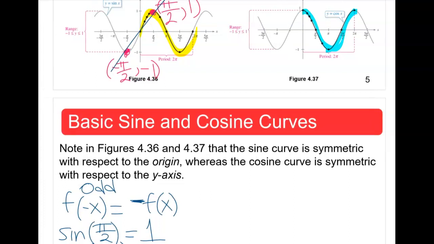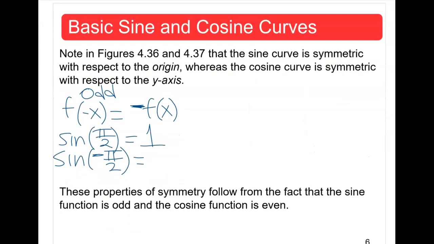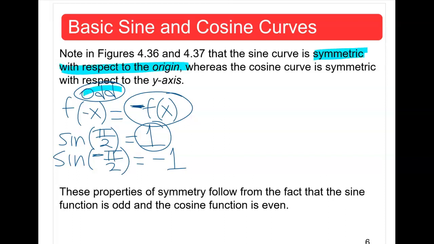And so what that tells me is that after replacing pi over 2 with negative pi over 2, it does satisfy the definition of odd functions. We got the complete opposite of the sine of pi over 2. So when a function is odd, we say that it is symmetric with respect to the origin. That's what odd functions do.